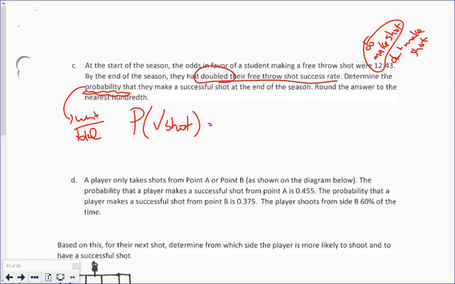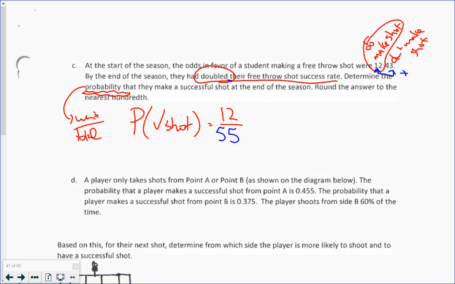That is 12. The total is 12 plus 43. That's 55. So that's the chances of them making the shot at the start of the season.